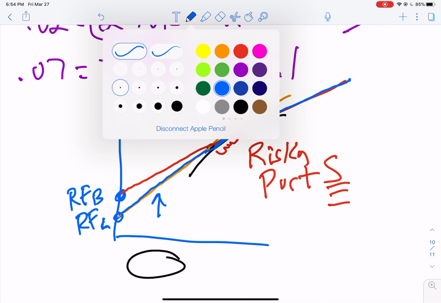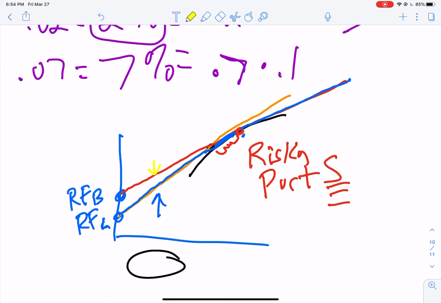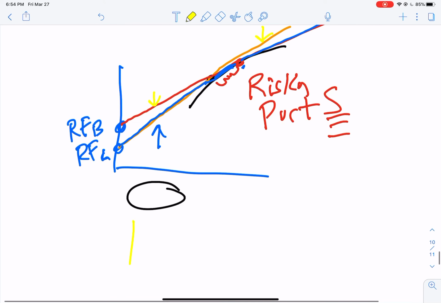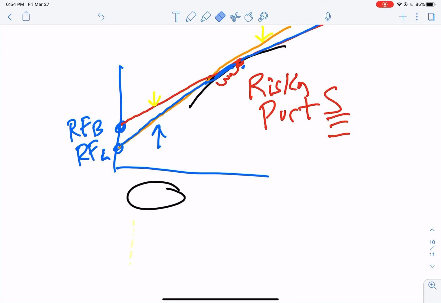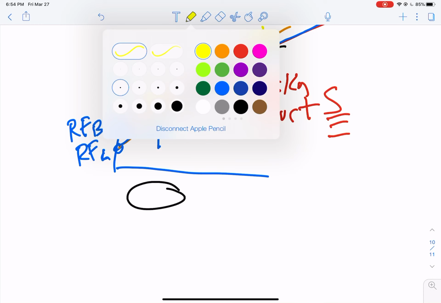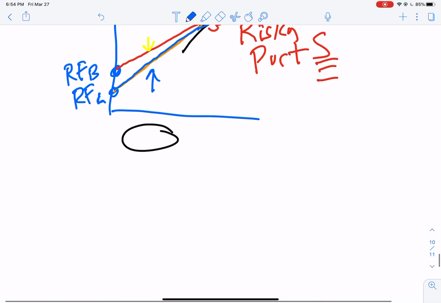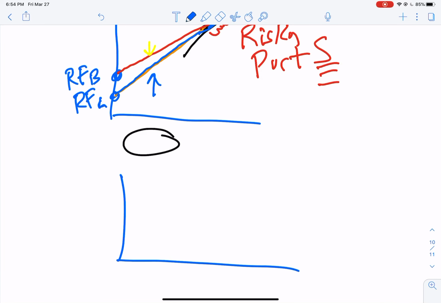And so here's what's irrelevant now in yellow. That's irrelevant, and that's irrelevant. So what we're left with then is an efficient set that looks like this. Our efficient set, then, we've got sigma r here, r bar here, and it looks like this.